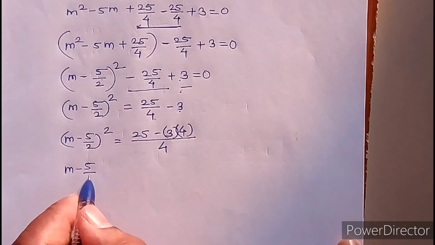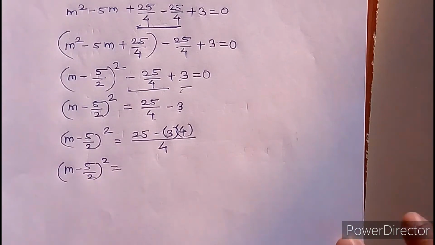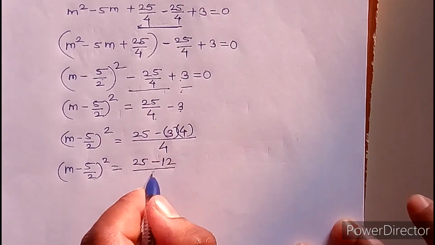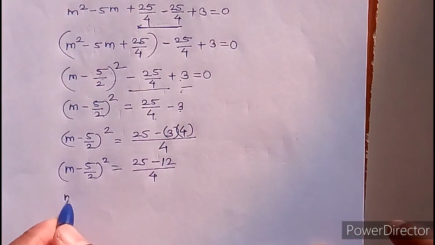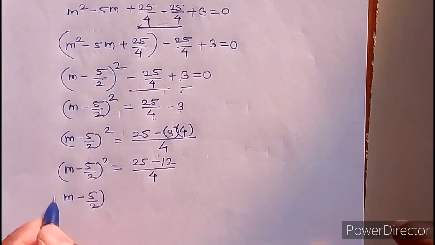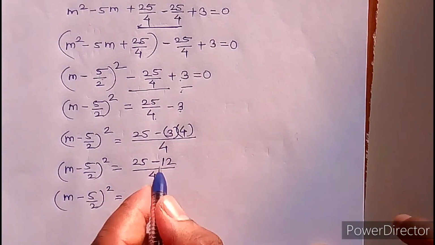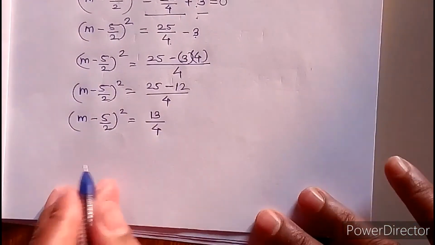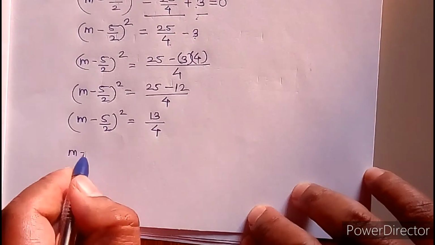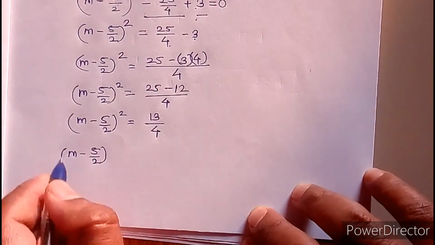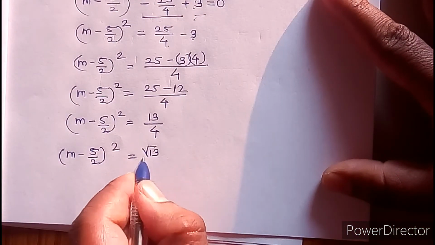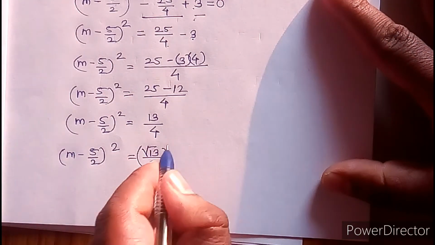Now m minus 5 by 2 whole square can be written as 25 minus 4 into 3, that is 12, divided by 4. Now here m minus 5 by 2 whole square equals to 25 minus 12, that is 13 by 4. Now here you can see that m minus 5 by 2 whole square can be written as root of 13 divided by 2 whole square.